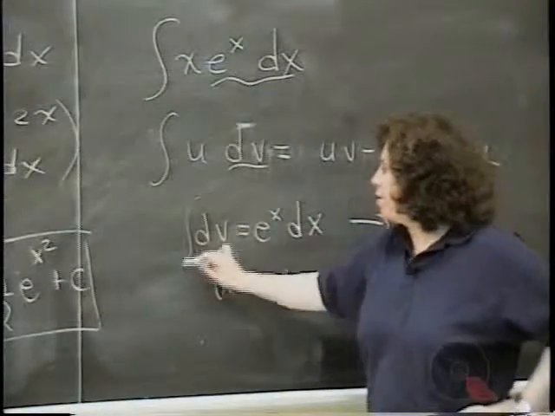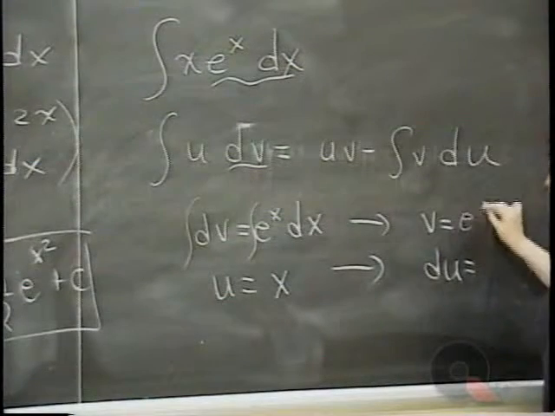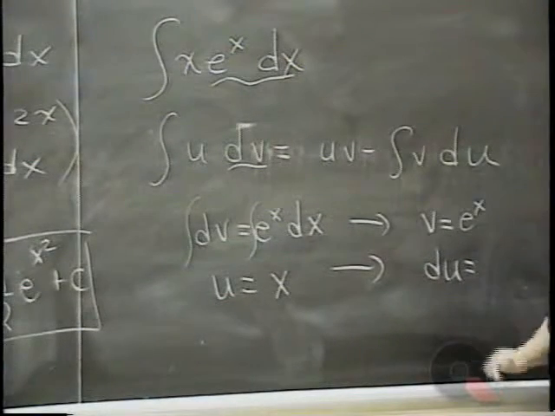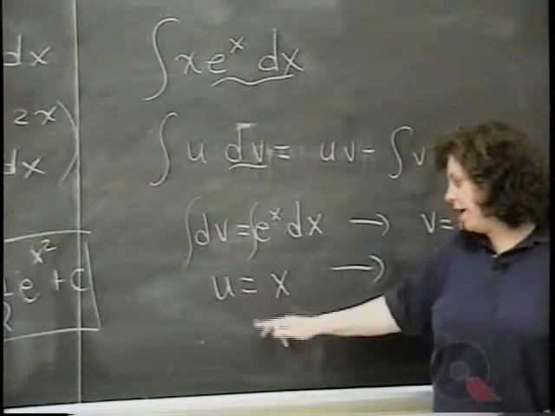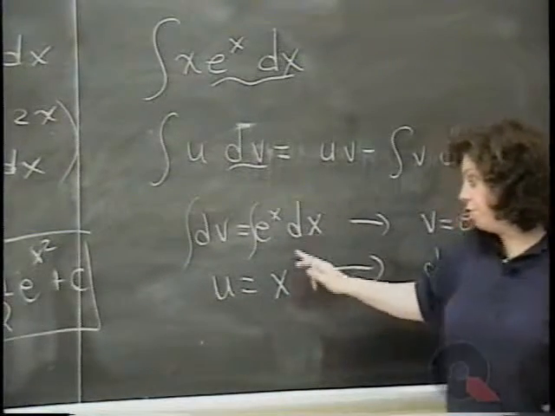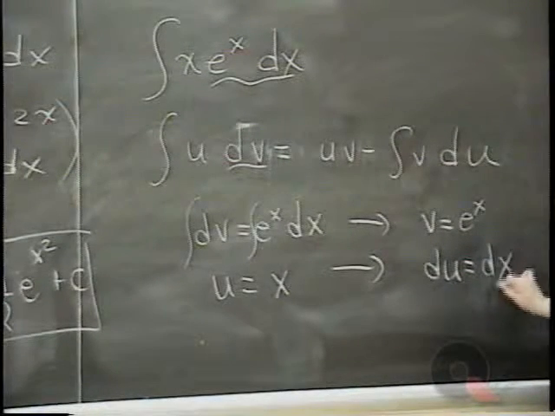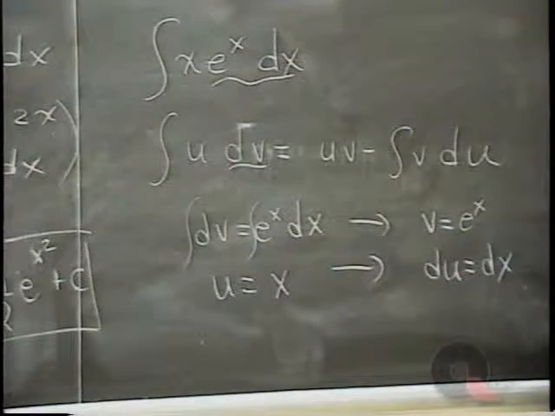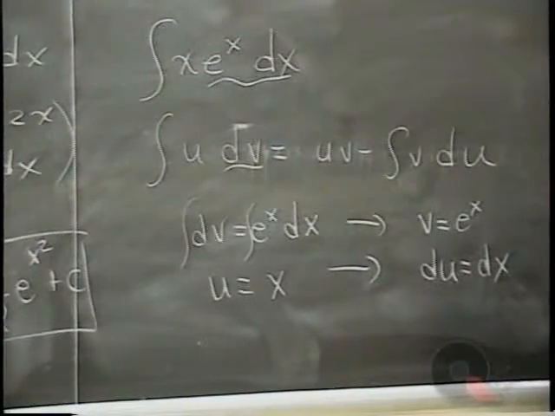So if I integrate both sides, I should have v equal to e to the x plus a constant, which we can ignore till the end. And similarly, du dx would be equal to 1, and du would be 1 dx. So we integrate the dv to get v, we differentiate the u to get du.